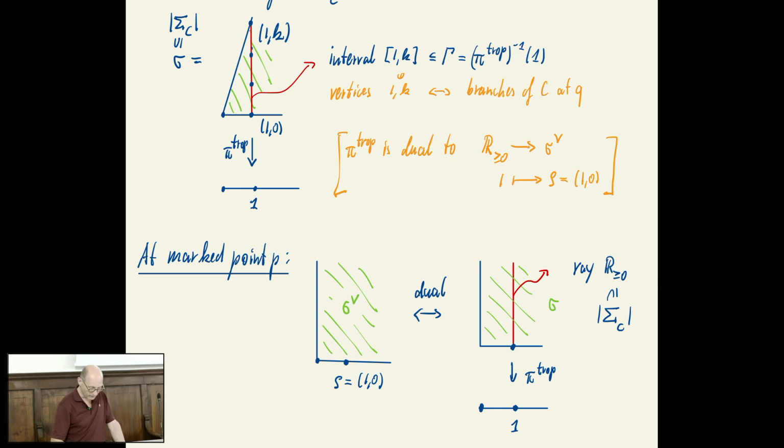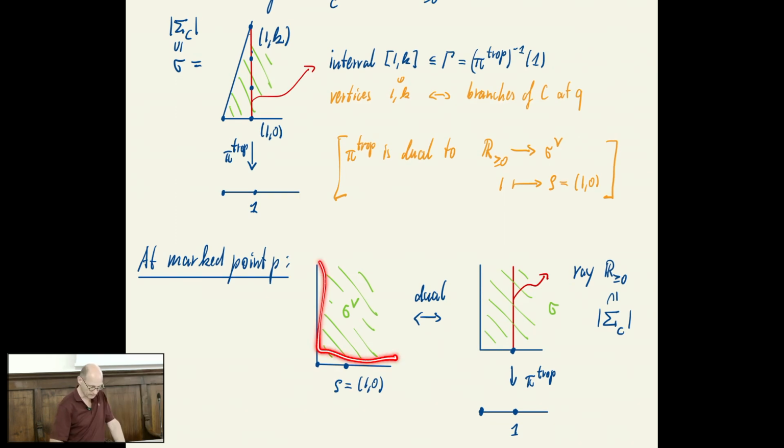And at a marked point, we get this quadrant, and then I want to view this. So there is a map, the tropicalization to the base, so the tropicalization of the standard log point, but it's just a ray. And the whole picture is uniquely determined by the fiber over 1, and then you reduce dimension a little bit at the expense of going from cone complexes to polyhedral complexes.